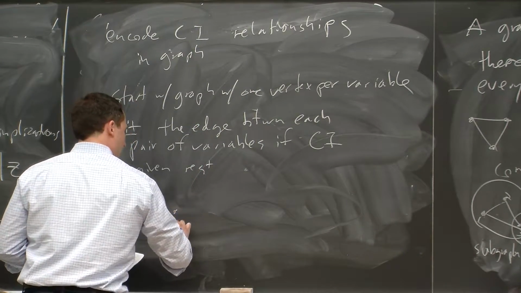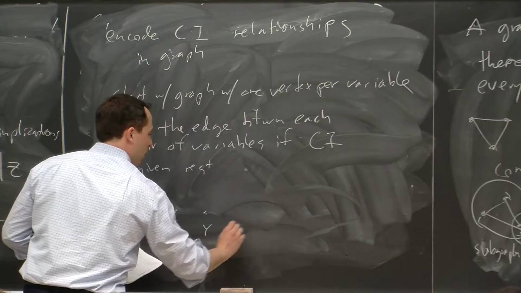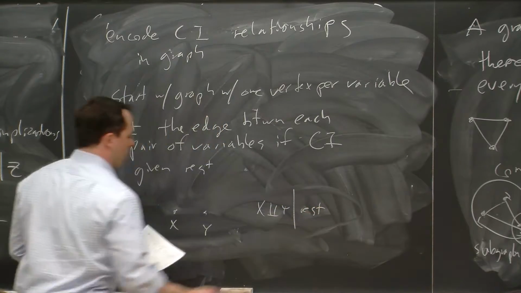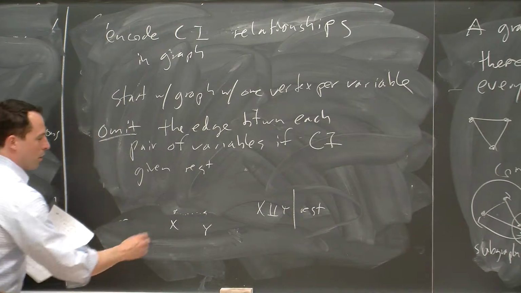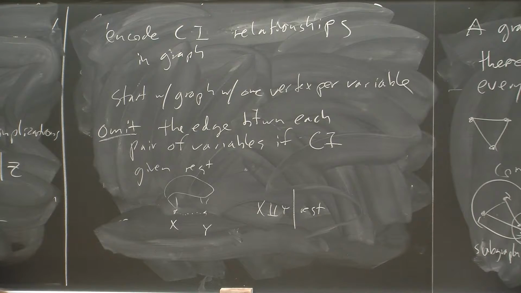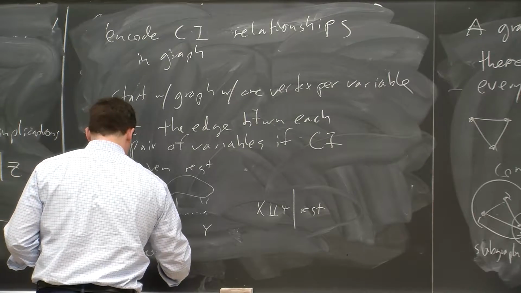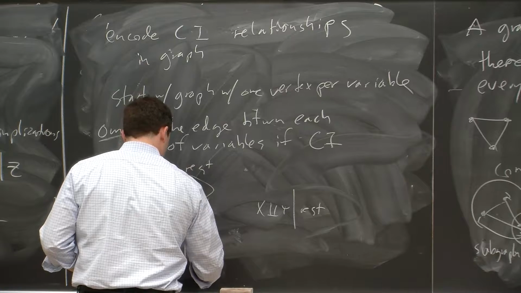So say x and y are independent: I have x is independent of y given the rest of the variables. I can think of this as a forbidden edge between them. Whatever the rest of it is, I don't draw that edge. So this defines a graph. If I do this for everything, and the rest of the edges are allowed to happen, it defines a pairwise Markov graph.